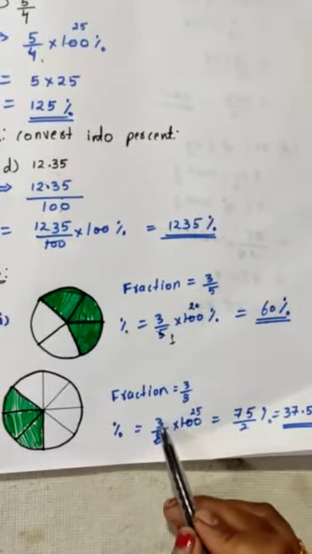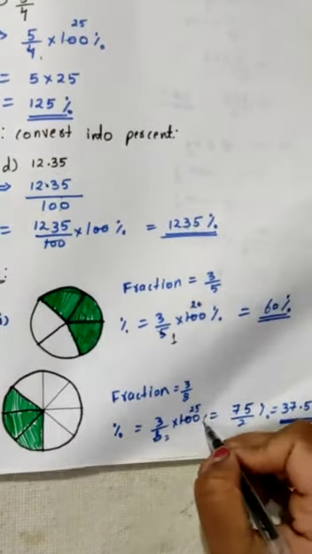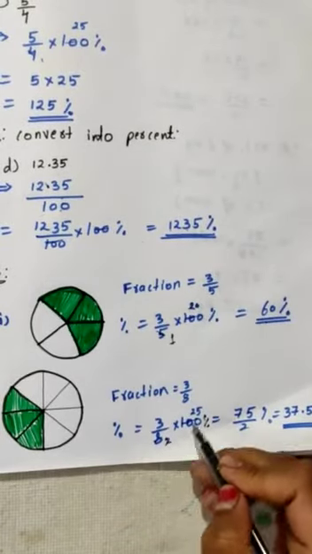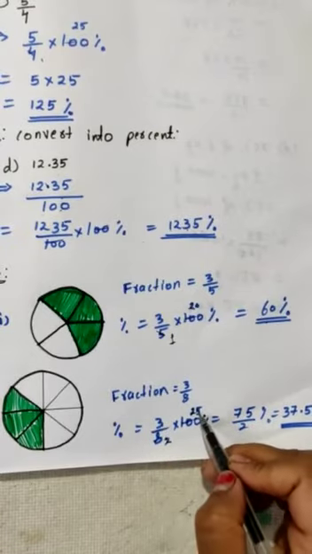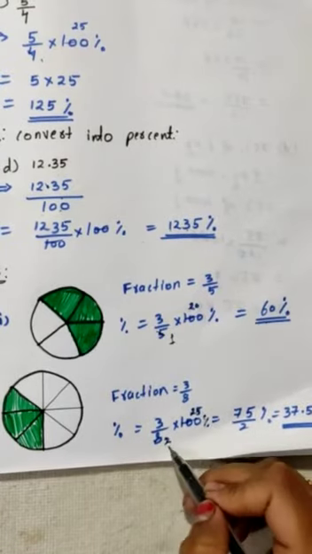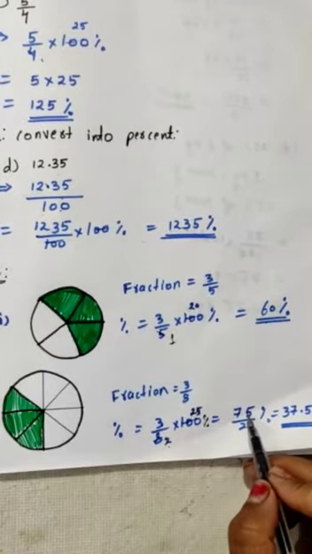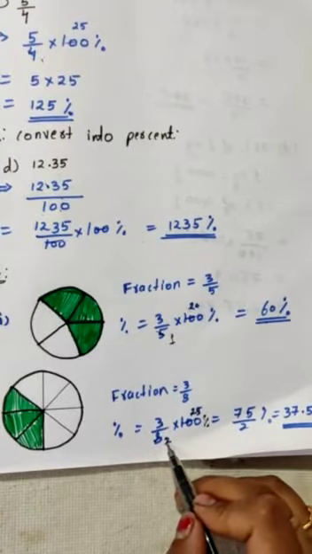Similarly in the second one, 3/8 was the fraction. You have to just multiply it by 100%, and then 4 twos are 8 and 4 into 25. Now this is an odd number, this is an odd number, you cannot divide them by 2. So just multiply 25 into 3, which will give you 75/2 remaining.